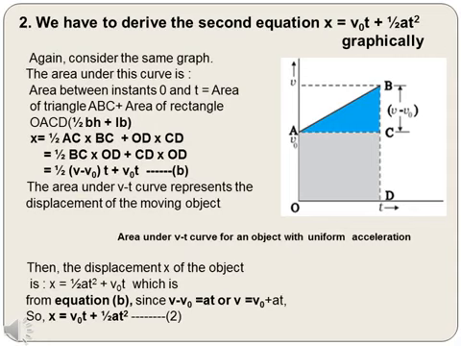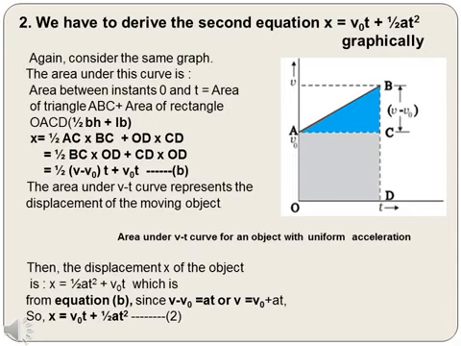Again, we have to consider the same graph, which is shown in the figure. The area under the graph between the time instants 0 and t is equal to the area of the right triangle ABC plus the area of the rectangle OACD, as shown in the figure.